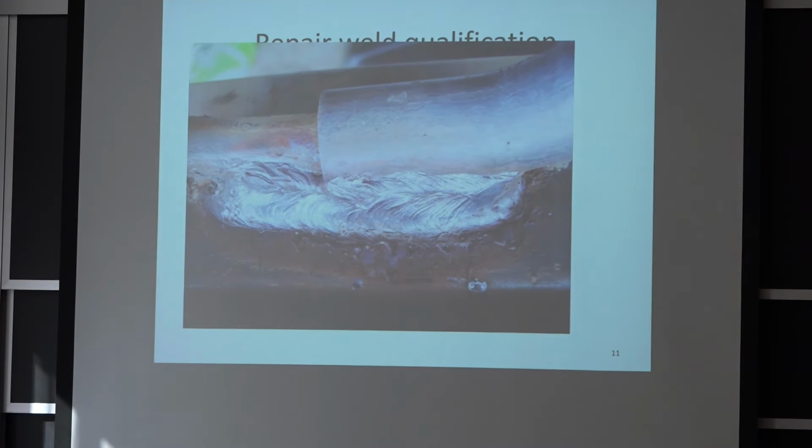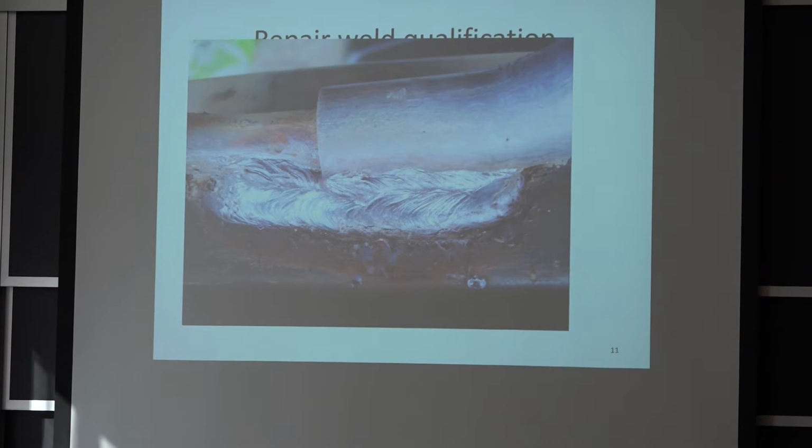So hope it doesn't surprise you. This is an actual weld. It doesn't look like the one I circulated. The one I circulated was a little smoother. So this is done with the stick electrode, the consumable, the shielded metal arc welding.